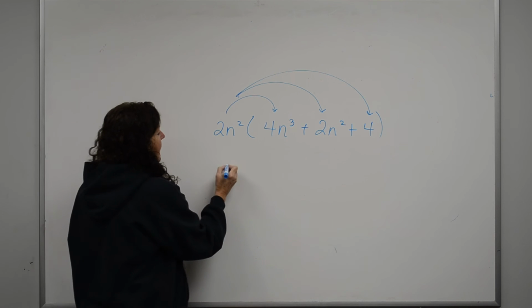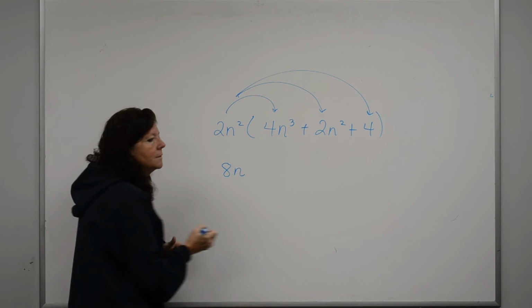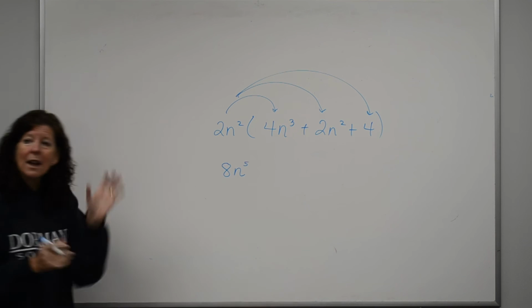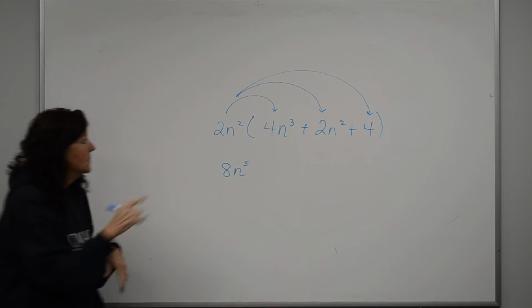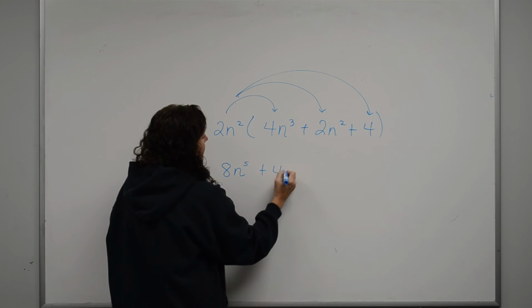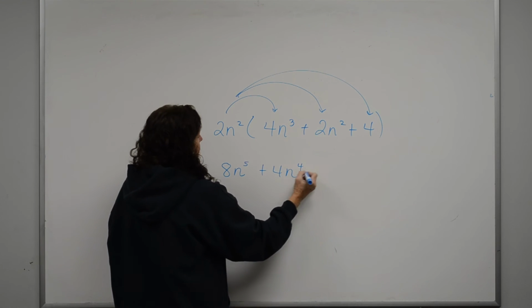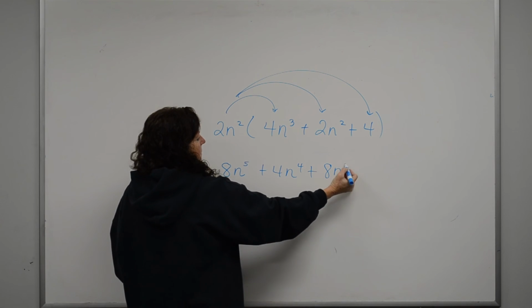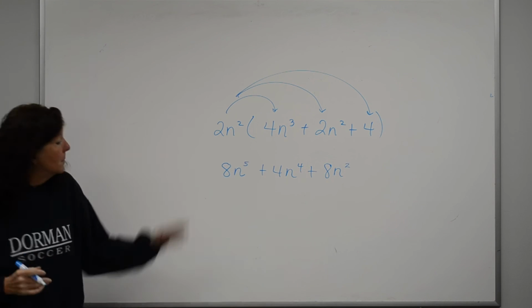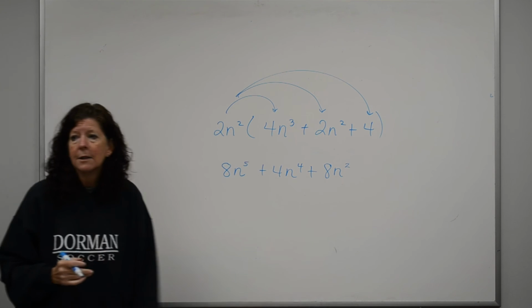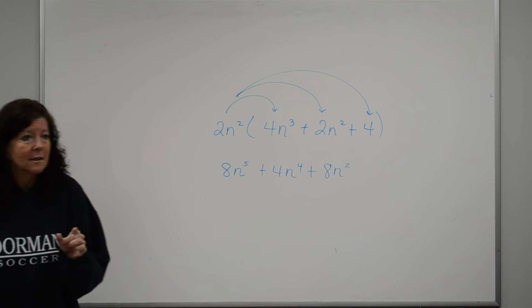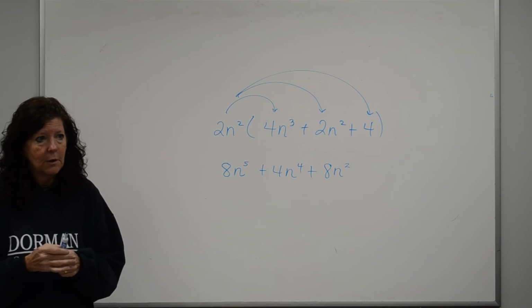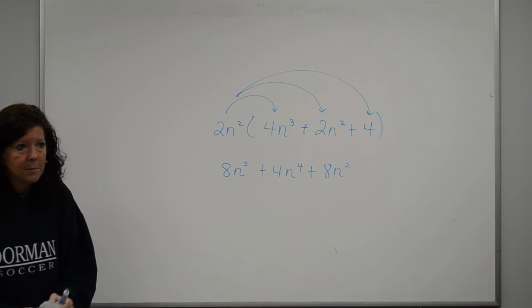So that's going to give me 8 what? Into the fifth. Don't forget those rules that we just went over: if the base number's the same, you add the exponents. Plus 4 into the fourth, plus 8 to the second. And then you're done, because none of those can be combined. Remember, in adding and subtracting, the exponents and the variables must exactly match. I don't assume there's any problems on that.